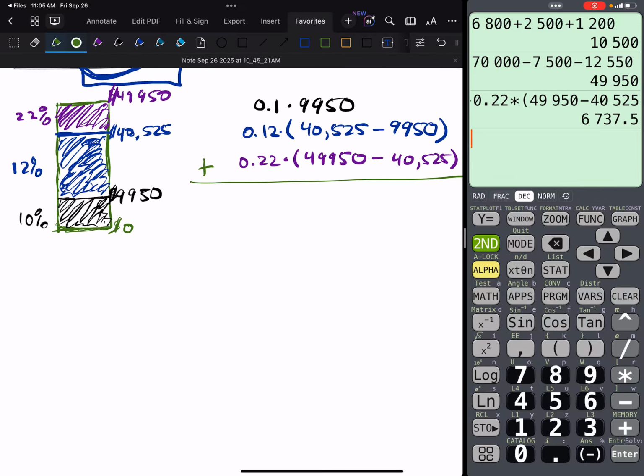And when I hit enter, it gives me the entire tax owed. And that's going to be a total of $6,737.5.